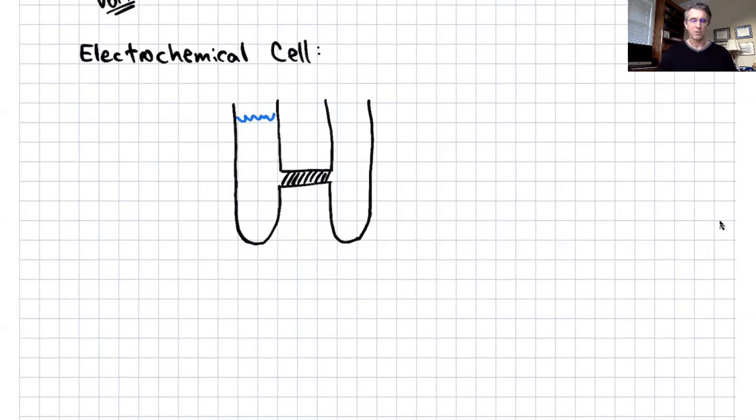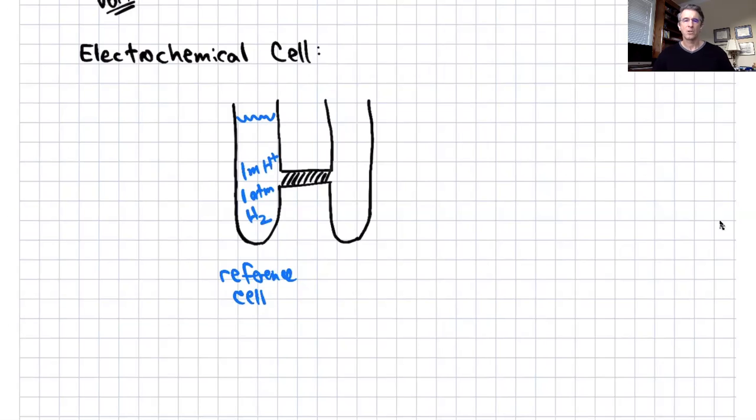On one side of this is the so-called reference cell. You always have one particular type of mixture in solution: 1 molar protons at 1 atmosphere hydrogen gas.